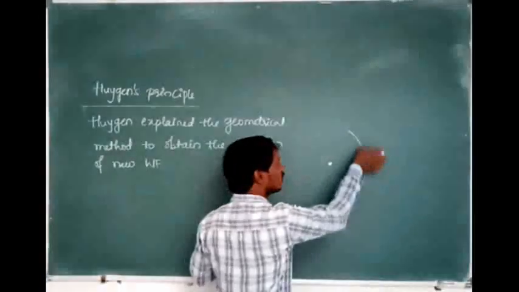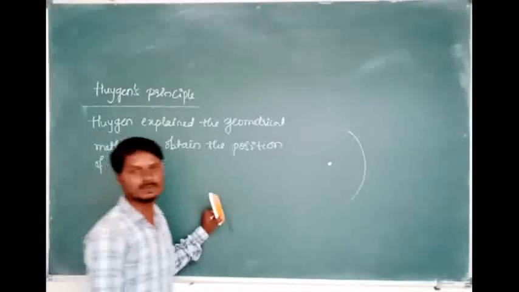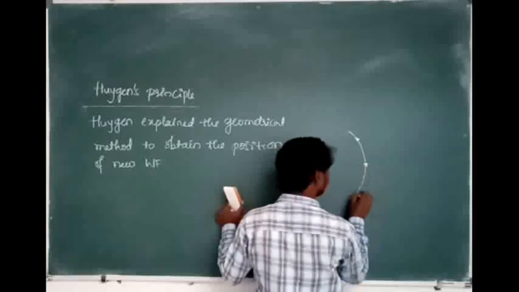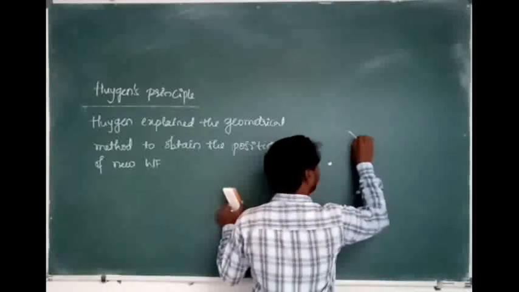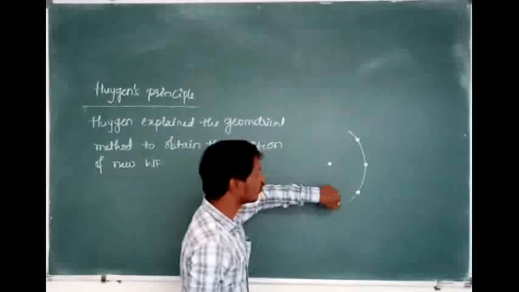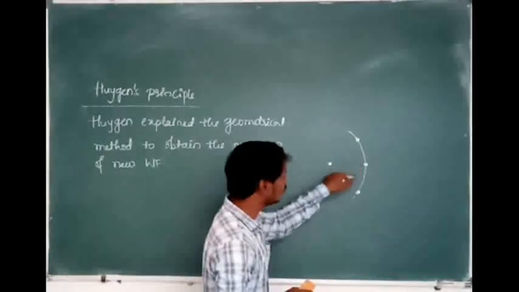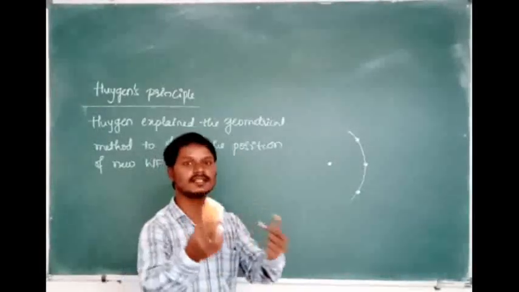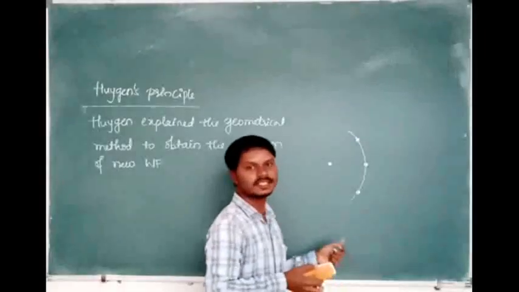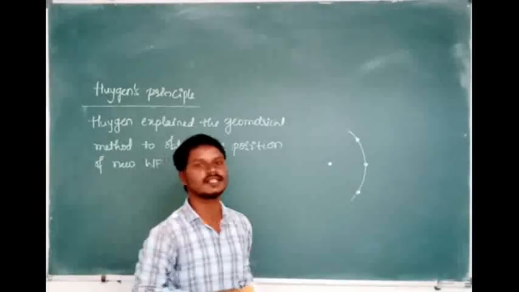Let us take this as the given wavefront, and these are the points on it. Each point on the given wavefront acts as a source of secondary waves, because these points produce the next wave.